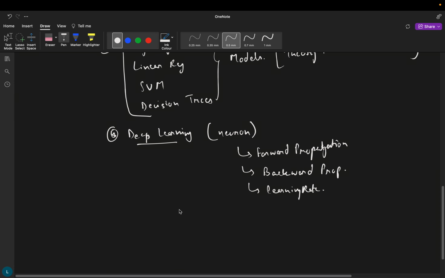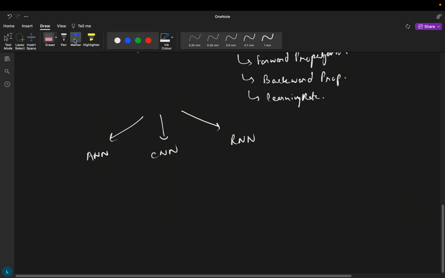Under deep learning, there are three categories. The first one is ANN, the second one is CNN, and the third one is RNN. ANN stands for Artificial Neural Network.